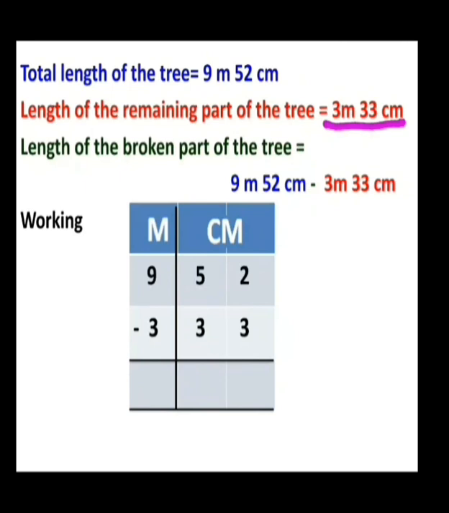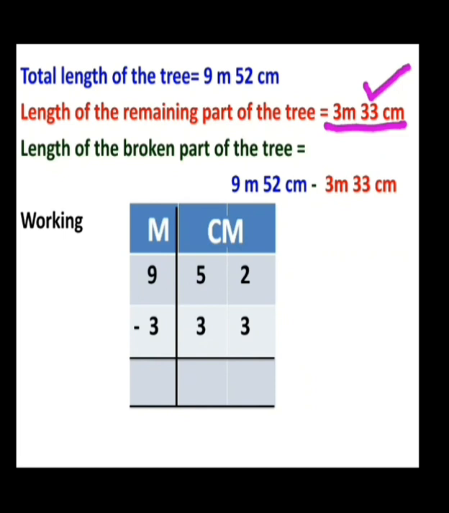Present length means the length of the tree after removing its broken part. So children, this is the present length of the tree in which the broken part is not there. So we will subtract this present length, children, from the previous length of the tree. What was the previous length of the tree?